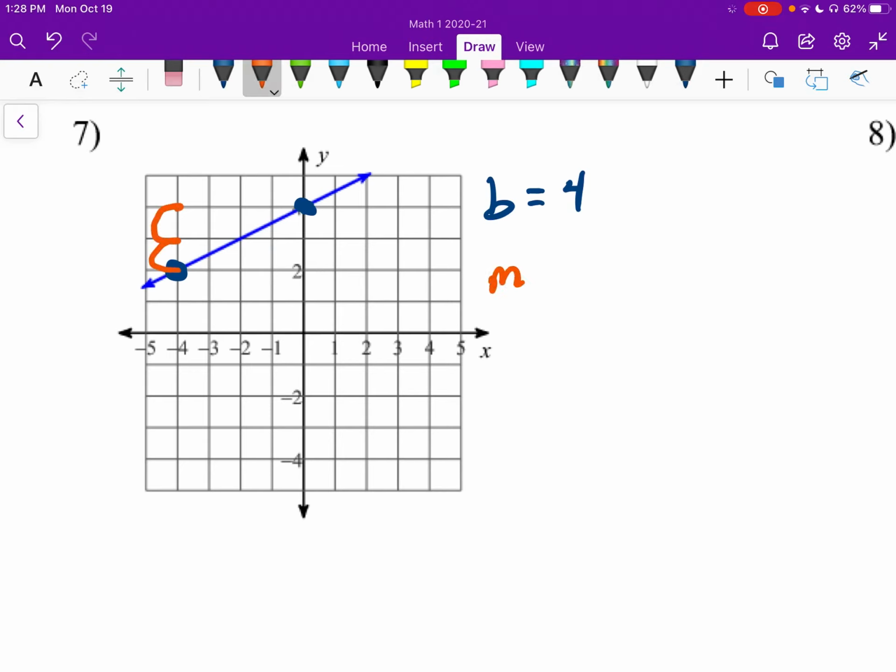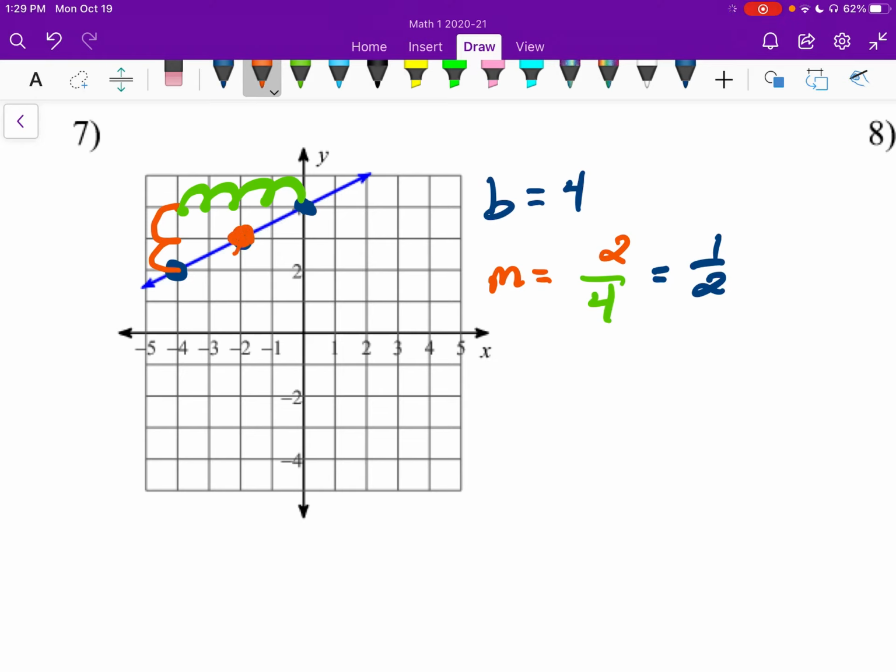My m equals 2 on top, and my run is going to be 1, 2, 3, 4. I don't think I said it, but at the beginning we could look and say, well, the car is going uphill. Now our slope here, 2/4. Well, that can reduce to 1/2. The reason that that fraction is able to reduce is because we didn't pick the closest point, right? If we would have grabbed that point to start off with, we wouldn't have had to reduce.